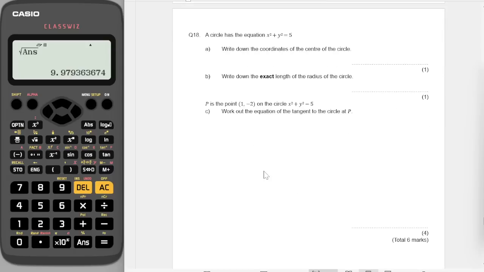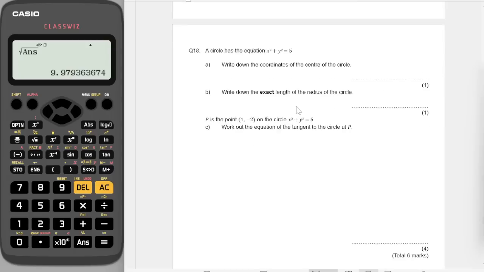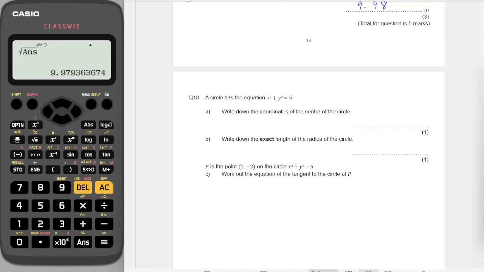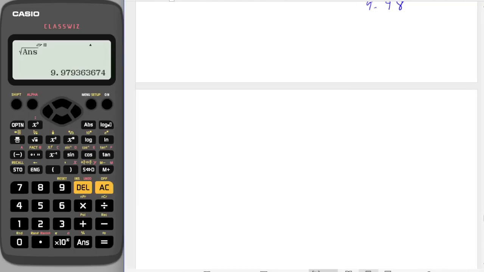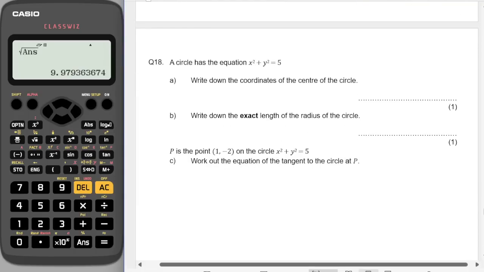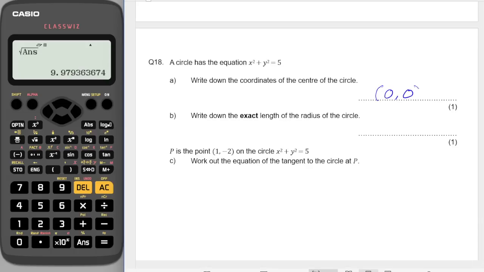Okay, question 18. A circle has the equation x squared plus y squared is equal to 5. Write down the coordinates of the centre of the circle. Well, the centre of the circle has to be 0, 0. Write down the exact value of the radius.